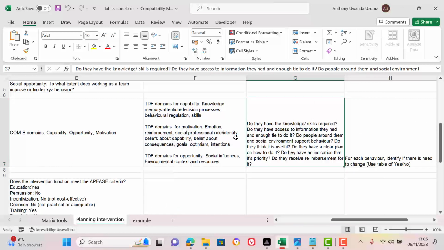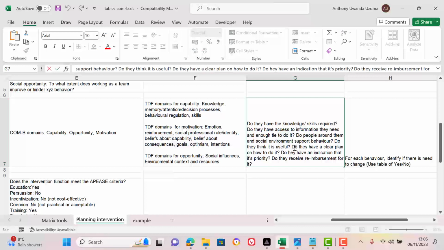These are also some questions that help you map to the TDF domains. For example, when you ask, do they have the knowledge and skills required? That will map to the TDF domain for capability. When you ask, do they have access to information that they need?